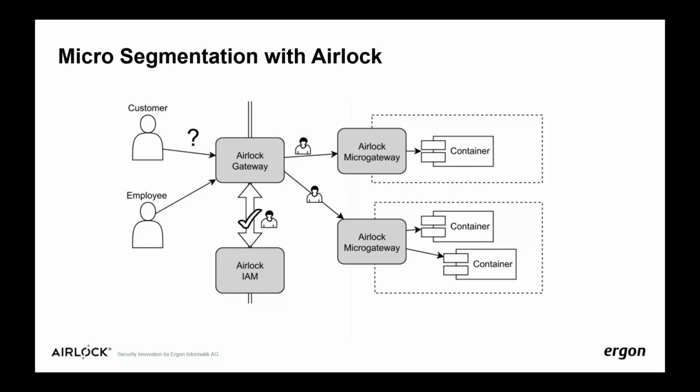If an unknown customer arrives, the Airlock Gateway will redirect the request to the Airlock IAM, which will verify the user and then create the JWT token I was talking about for the Microgateway. The request will be redirected to the Microgateway, and the Microgateway can then verify that the user has the right to access the service behind the Microgateway.